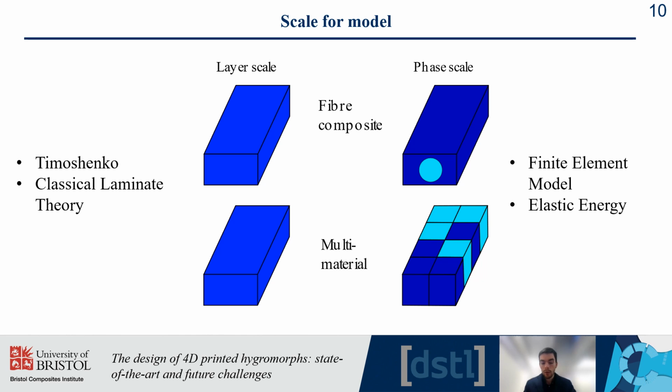Whereas in multi-material, it will often be blocks of one material or the other, distributed differently in space. This scale is very efficient for optimization of the distribution of material for the different types of hygromorphs discussed here.